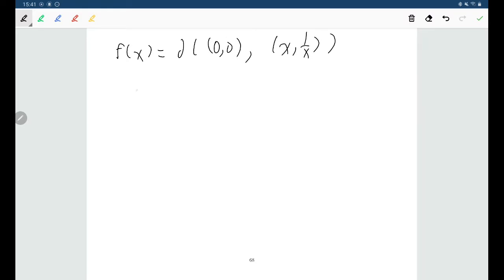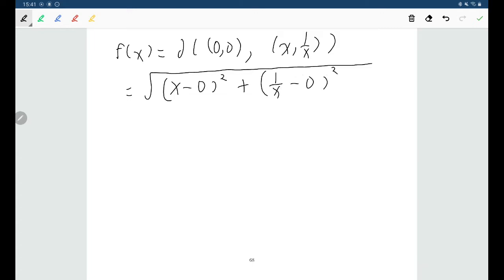And we know the distance formula is found by taking the square root of the x coordinates minus each other and squared, plus the y coordinates minus each other and squared, which, if we wanted to simplify that, there we go.